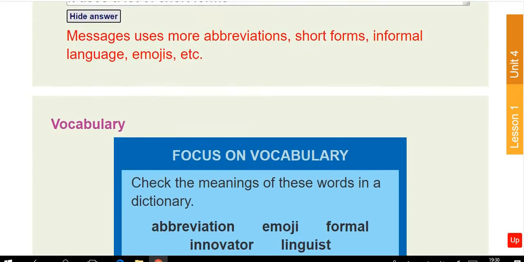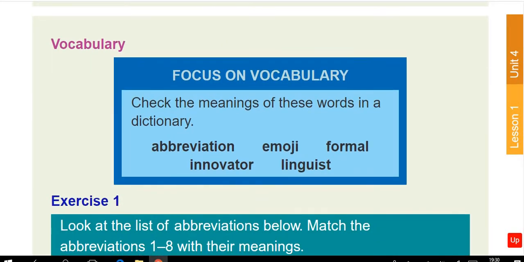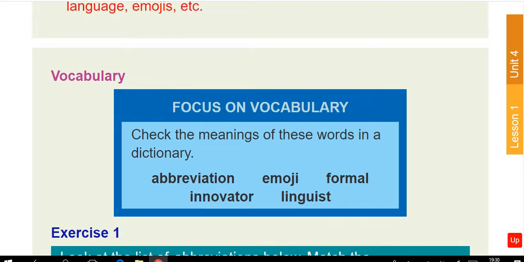In this unit, we are going to focus on some new vocabulary, like abbreviation, emoji, formal, innovator, and linguist. Abbreviation means some letters that stand for a whole word. For example, USA is an abbreviation for the United States of America.